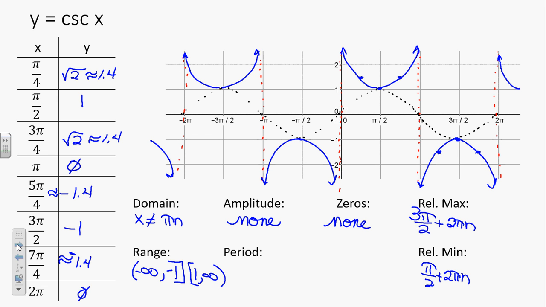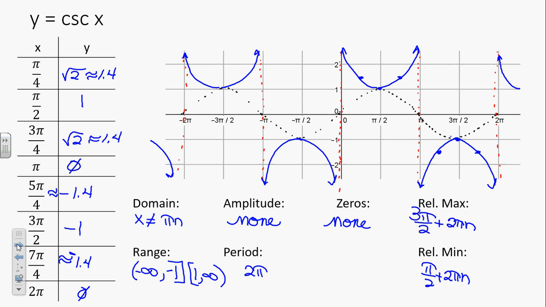And what's our period on this guy? 2 pi again. So you see that we get a full curve or what have you over the course of 2 pi. Okay? Questions on this one? Yeah, we should probably do asymptotes too. I forgot to put that on there. So where are your asymptotes going to be?